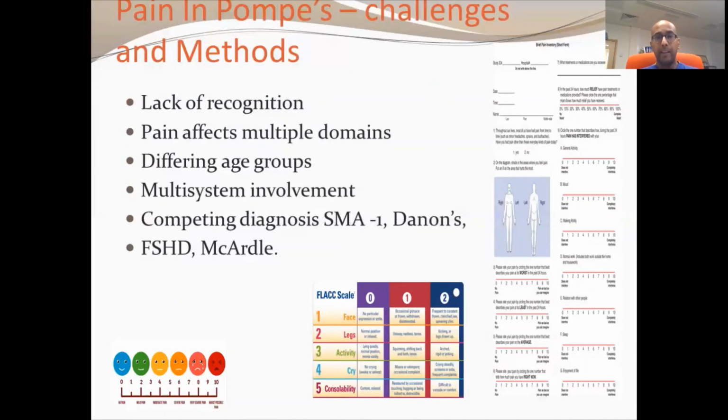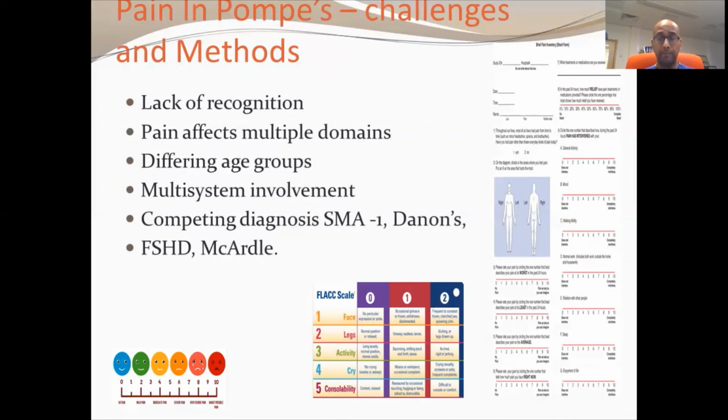So some of the pain challenges that we face in clinic is there's a lack of recognition really across the spectrum within healthcare professions, probably outside of metabolic medicine and tertiary neurology around Pompe's. Pain clearly can affect multiple domains, so it may not just be muscle pain that the patient is facing. It may be that pain affects them in terms of their sleep.